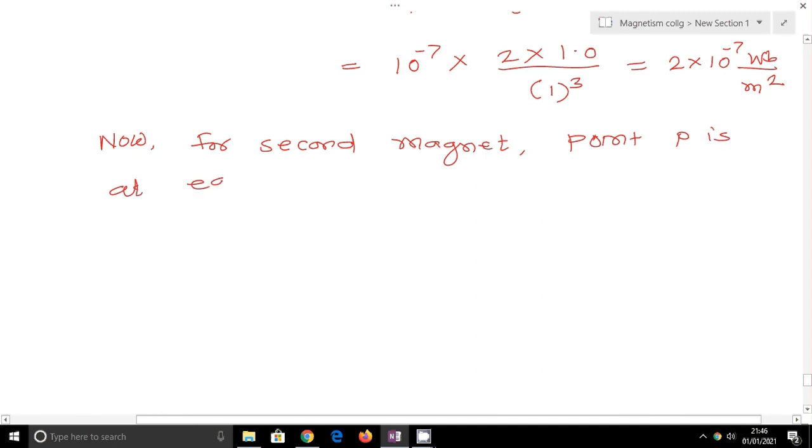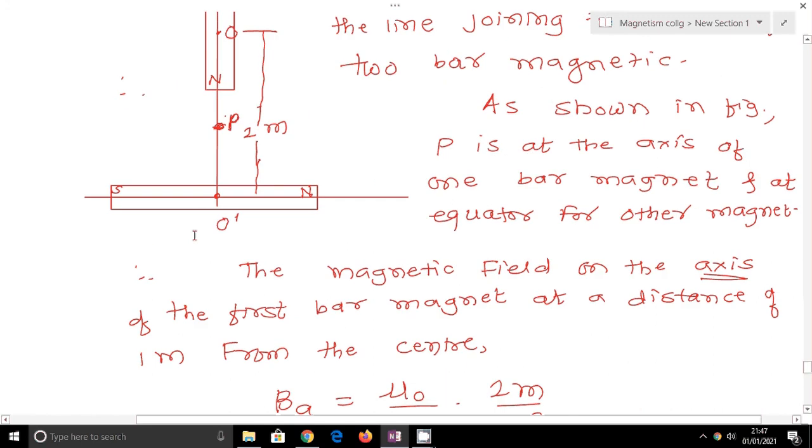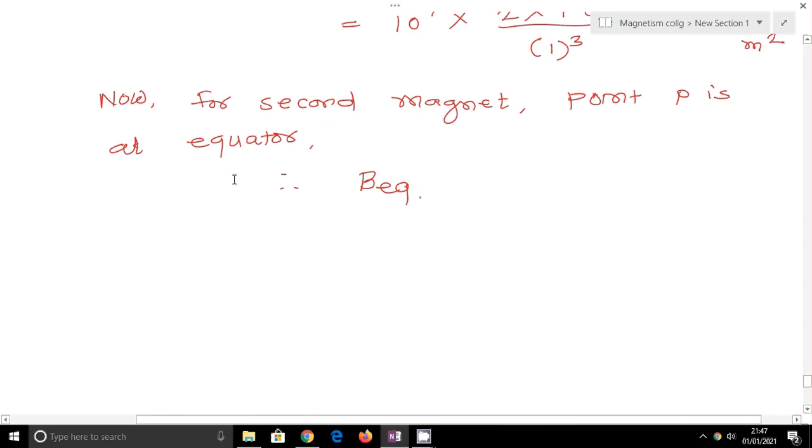For the second magnet, point P is at the equator. Then B equator, see in the diagram for the second magnet, point P is an equatorial point. So B equator is equal to, we know the formula, mu 0 upon 4 pi into m upon r cube.